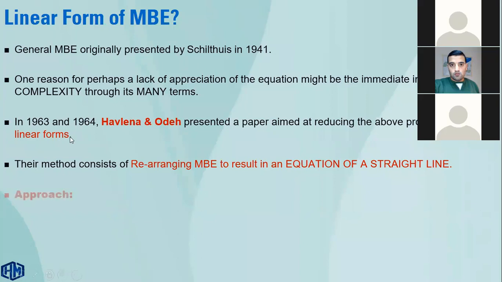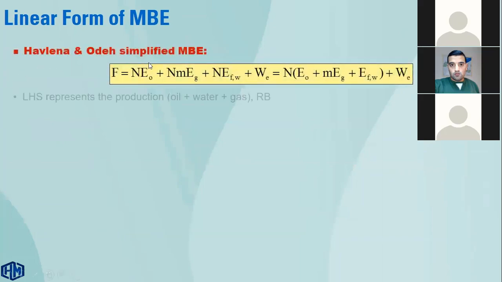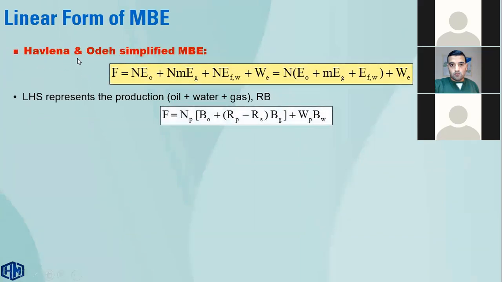This approach is simply based on plotting a group of variables versus another variable to get a straight line form, based on the reservoir driving mechanism. Simply, in this general formula of the Havlena-Odeh material balance equation, we have this left-hand side F representing the production of oil, water, and gas, as you can see, in reservoir barrels.